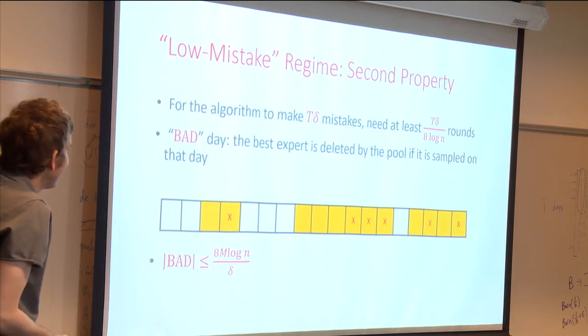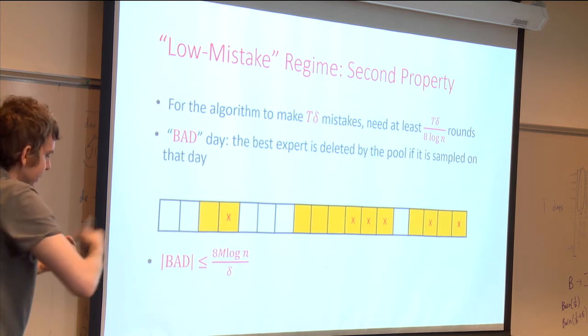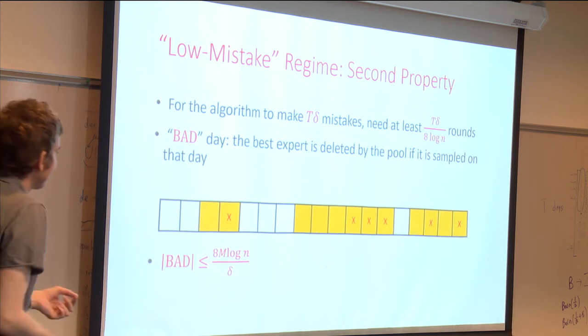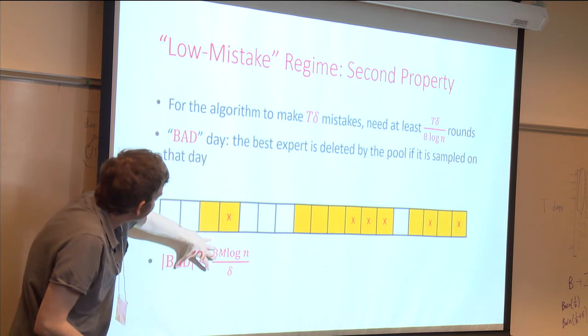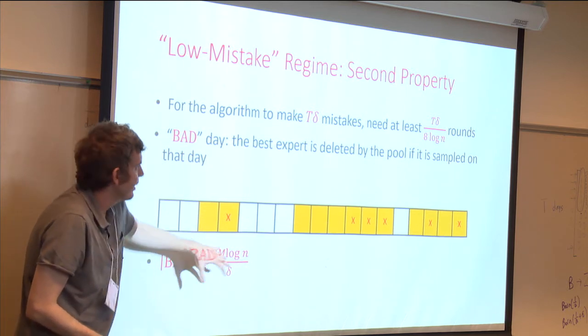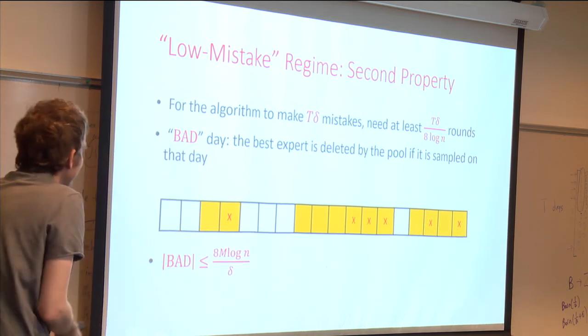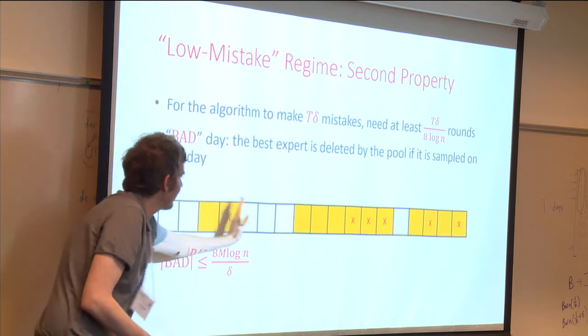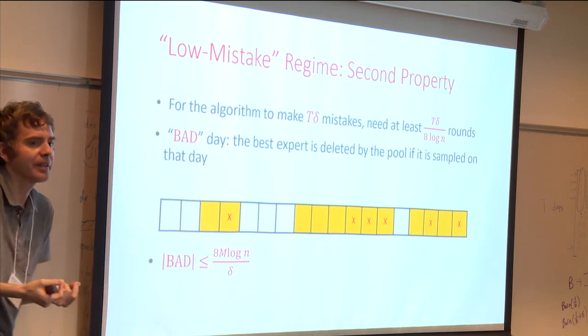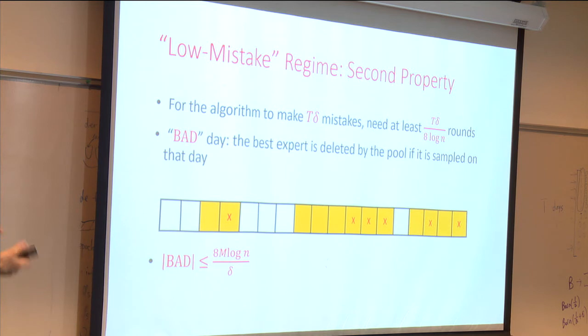And so as long as the number of times we sample in the stream is significantly larger than the number of bad days, we will sample the best expert on a good day, and we will retain it. So that's how the argument works for the arbitrary order model.